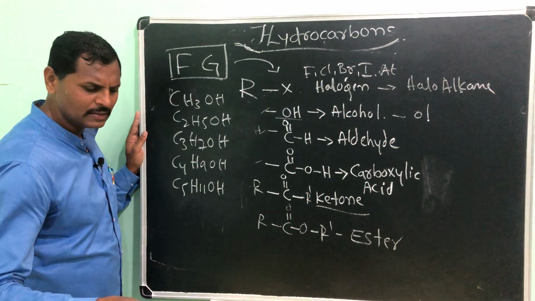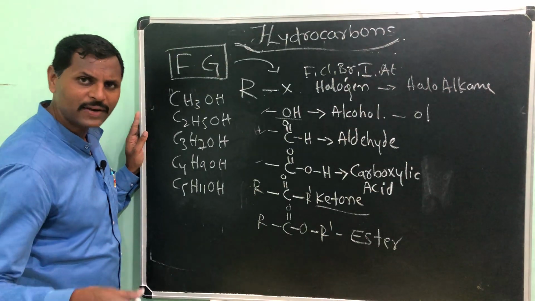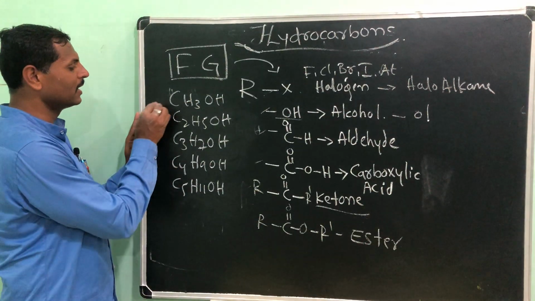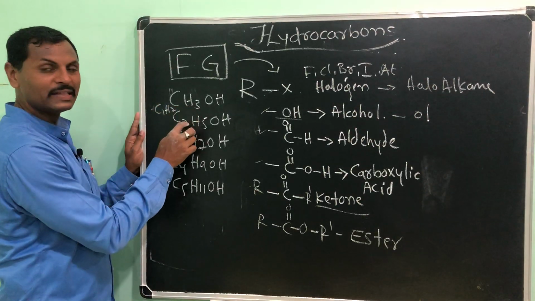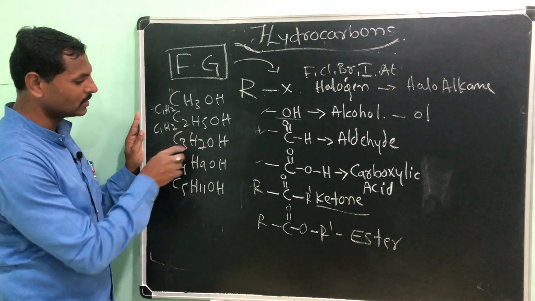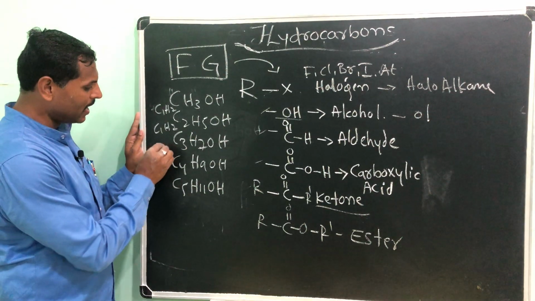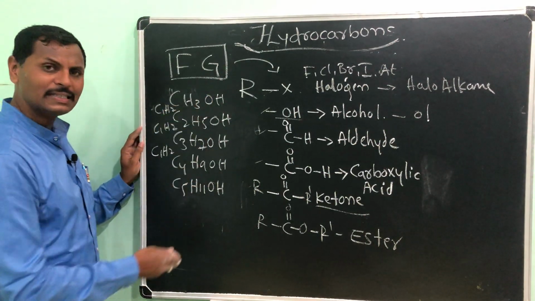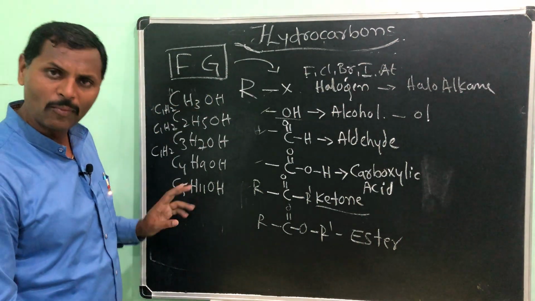We just freshly discussed the homologous series. Here also you will find the homologous series. See here, 1 carbon and 2 hydrogen difference between these two and these two. 1 carbon and 2 hydrogen difference is there between this one and this one. If they ask you by giving these things, are they homologous?